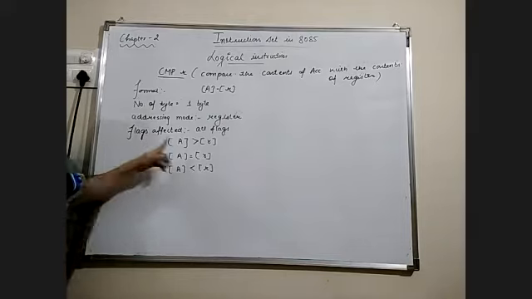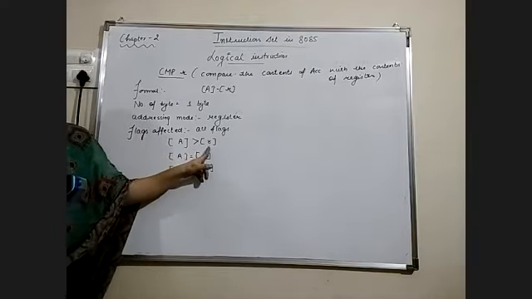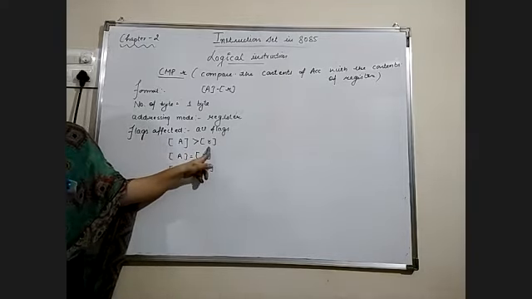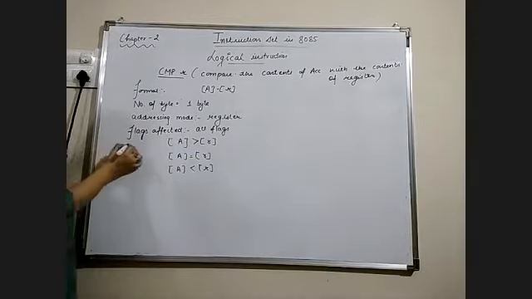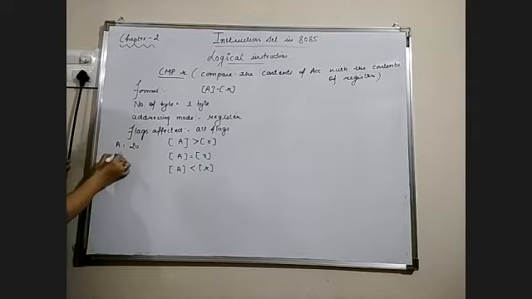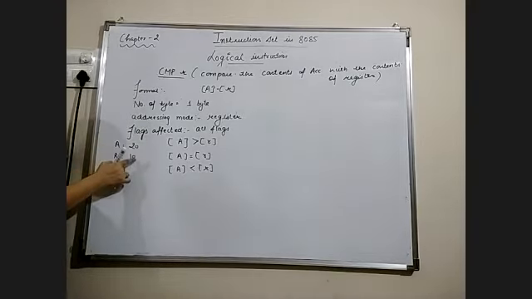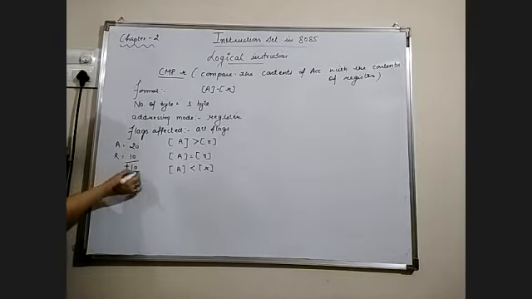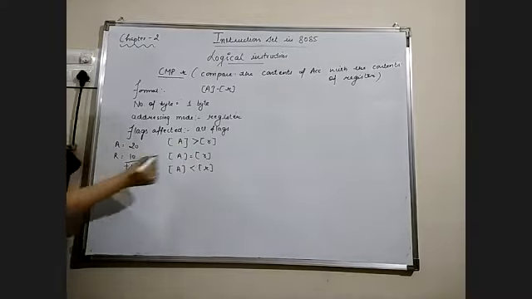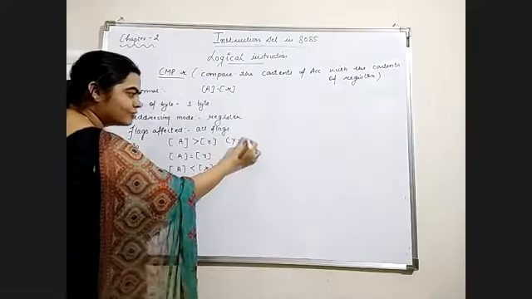When the value of the accumulator is greater than the value of the register, the result is positive. Suppose in the accumulator we have 20 and in the register we have 10. When we subtract 20 minus 10, the result is positive 10. When the result is positive, the carry flag is always equal to 0.